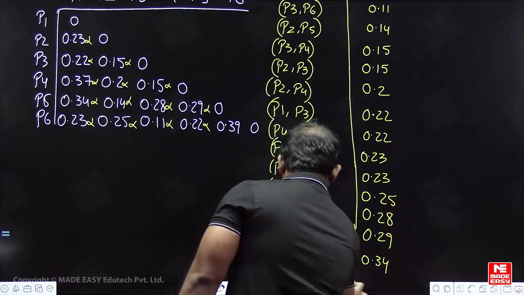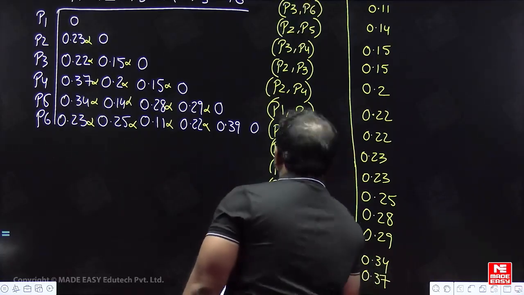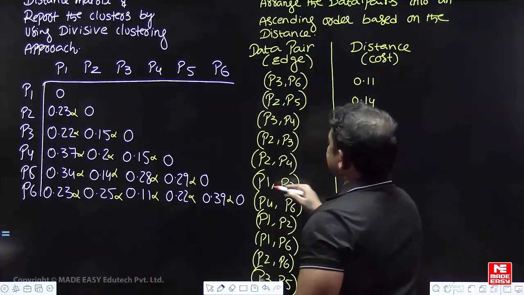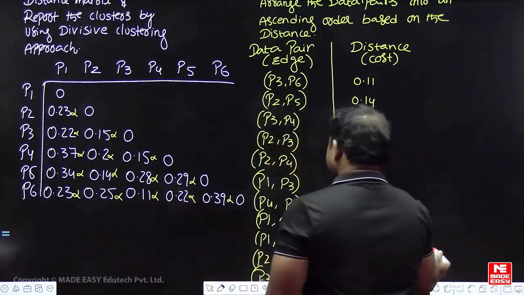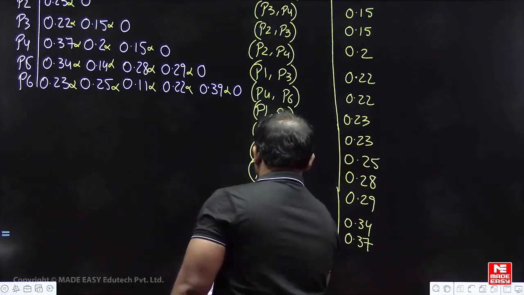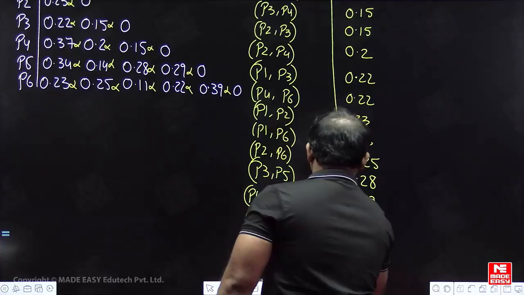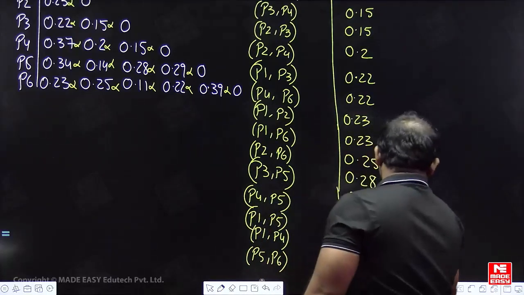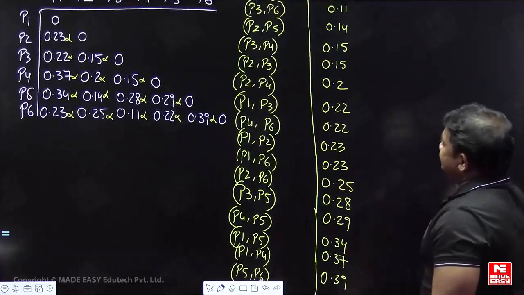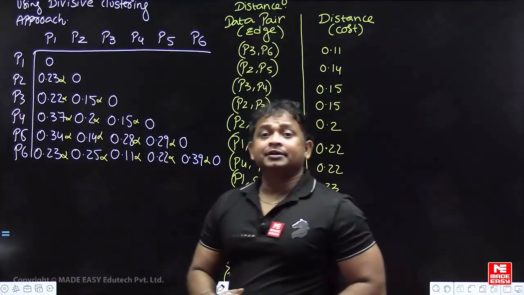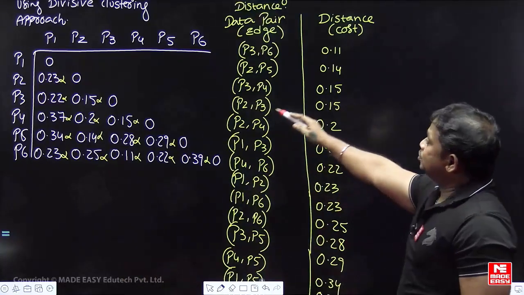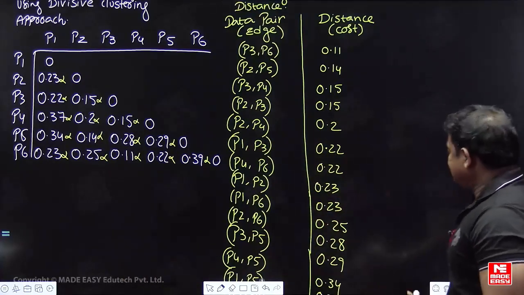Last is P5, P6, which is 0.39. So based on the distance, named as the cost, we arranged the data pairs in ascending order.